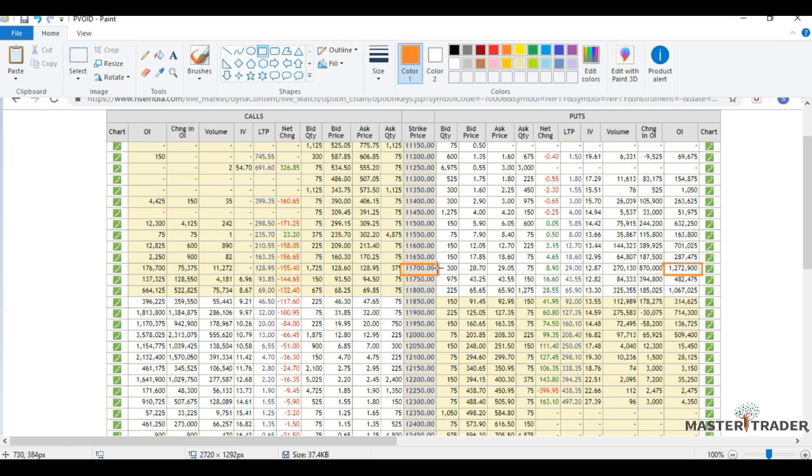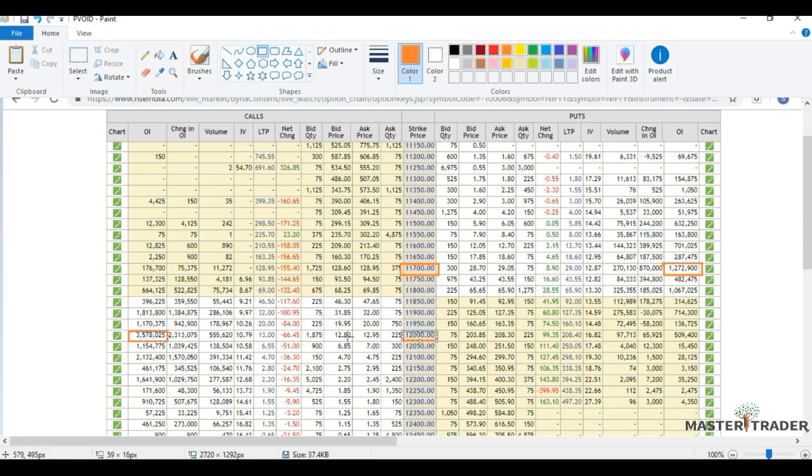So basically we can say that this is the strongest support level for the current month expiry. So that's a strong support level. Now come to the call side, and let's see where the highest OI is happening. If I see, this is around 35 lakhs at 12,000.